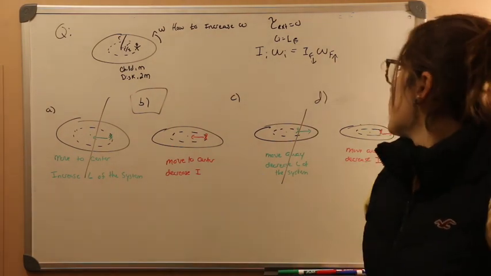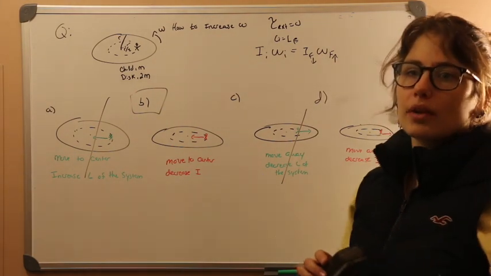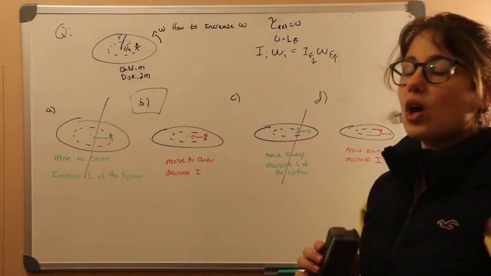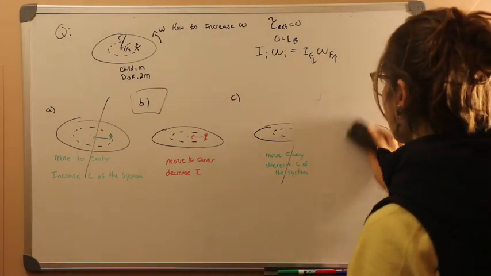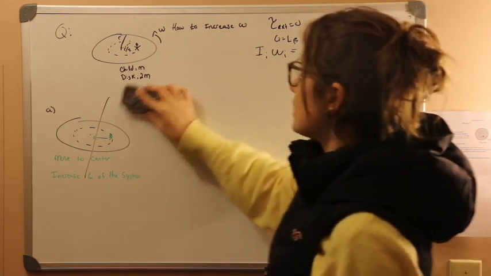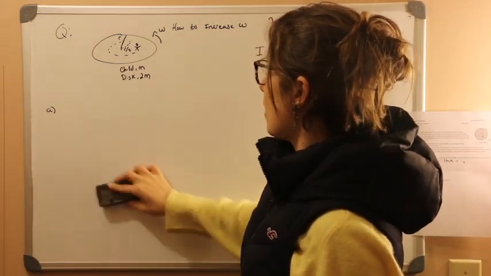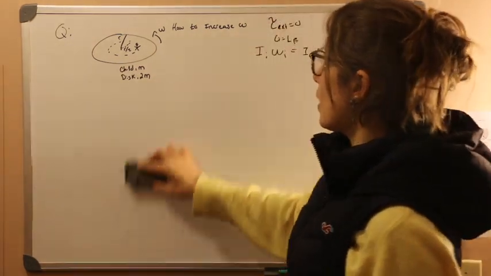Okay, let's see the next part. The next part of the question is asking us to solve for what omega final occurs. It tells us the child is mass m, the disk is mass 2m. We know the moment of inertia for a disk. And we know he starts out at R over 2 and ends up in the center.